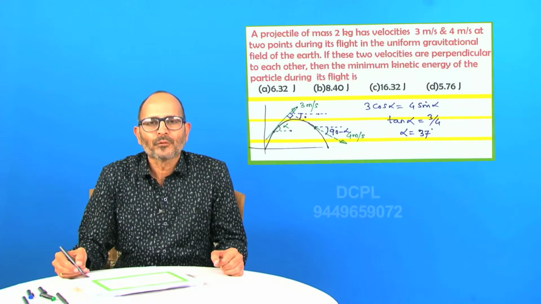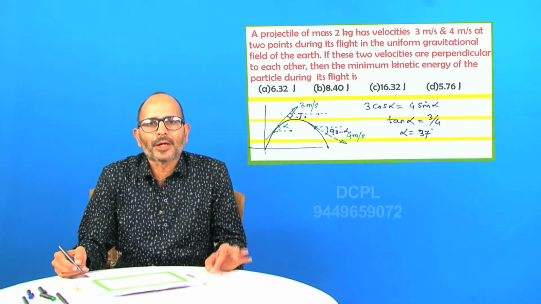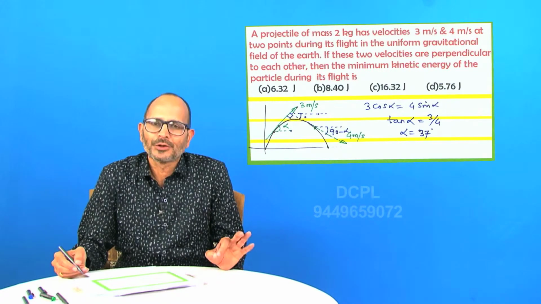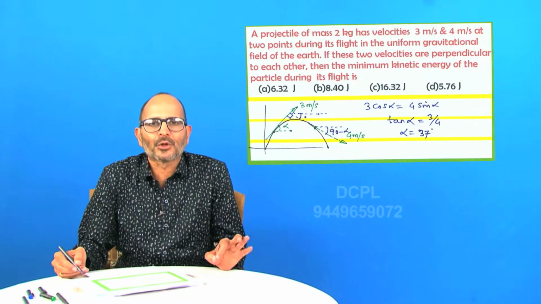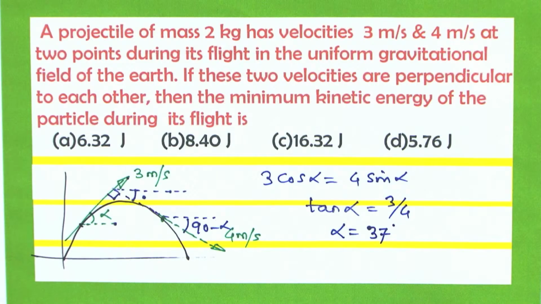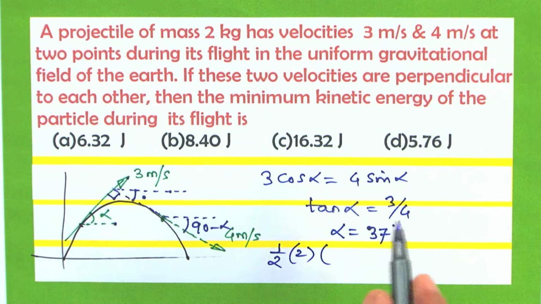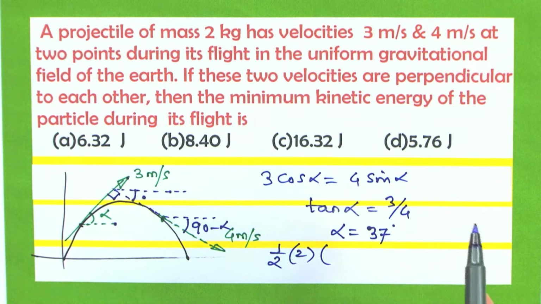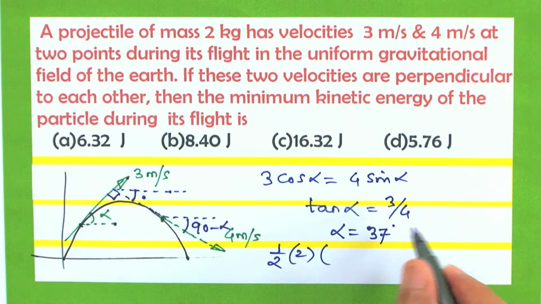Now, I will give you the minimum kinetic energy, which is going to be just because of the particle's horizontal component of the velocity, which is still present with the particle when it is at the highest point. So, half mass of the particle is 2 kg, and the horizontal component of the velocity of the particle is either 3 cos alpha or 4 sin alpha. I can use any one of them. So, I will use 3 cos alpha.